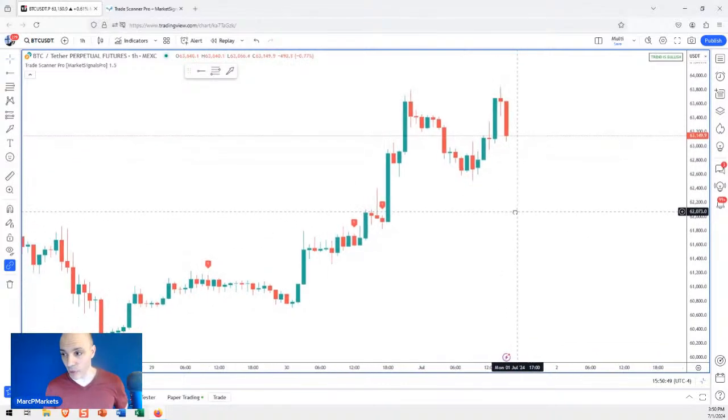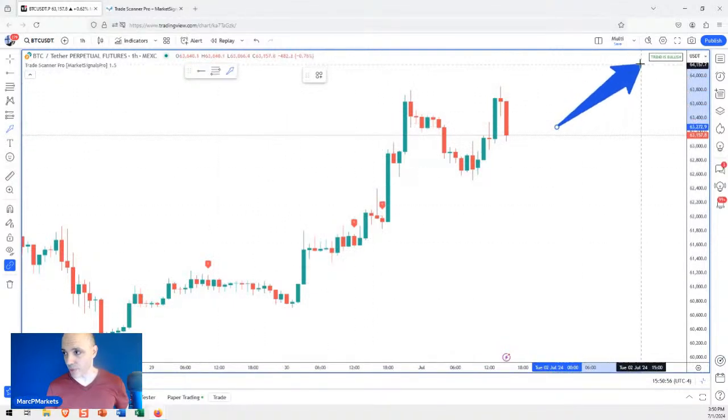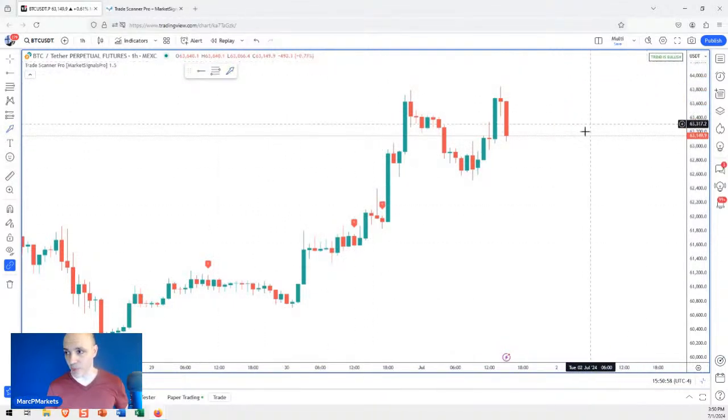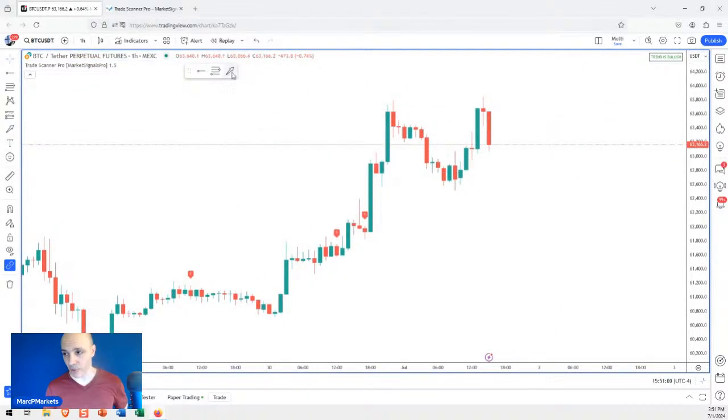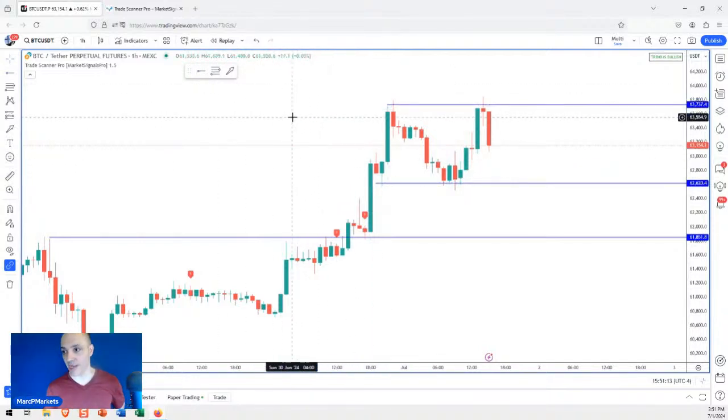So on my 1 hour chart, I'm trying to gather some information. First, the general trend I can see here is bullish. Higher lows, higher highs. And if I'm not sure about that, the TradeScanner tells me right there, trend is bullish. Now, in the middle of that bullish trend, I see some levels, right? I see over here there's an old resistance, which now looks like a support. I have a support right here, and I have a resistance right here.